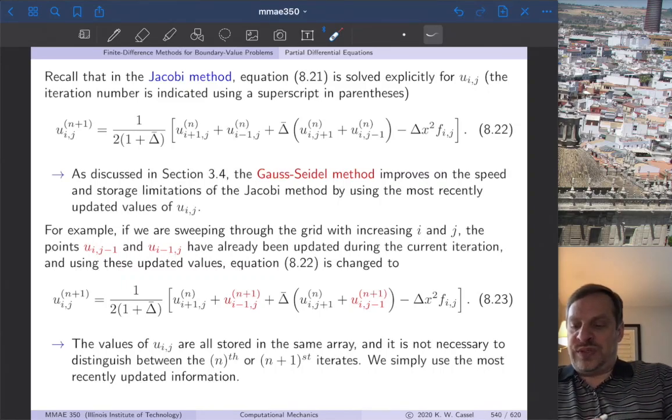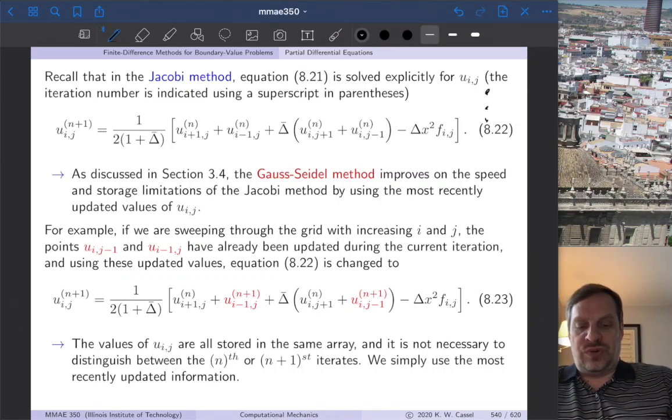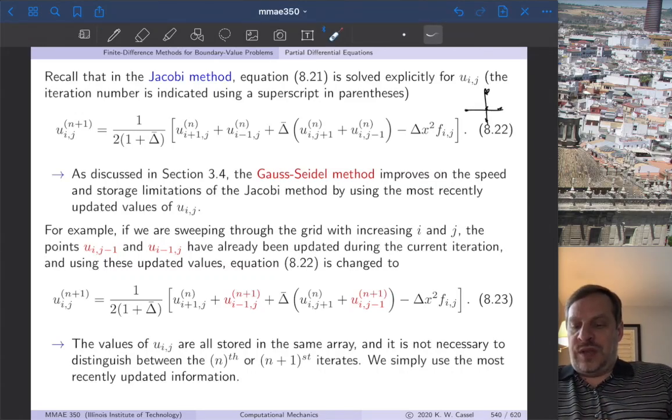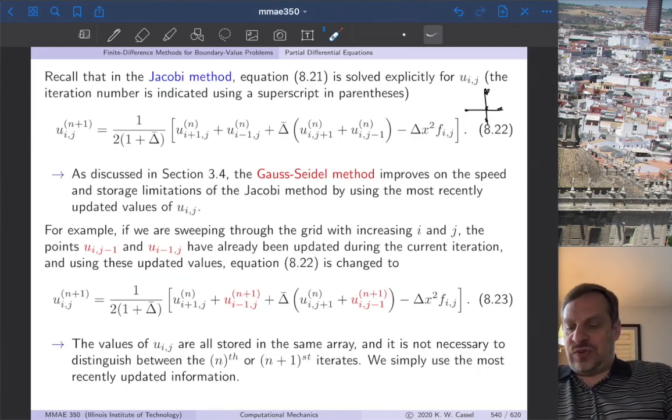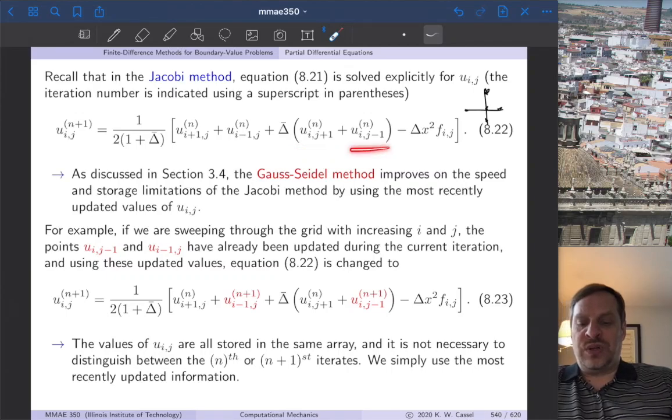So our 5-point stencil, 1, 2, 3, 4, 5, like this. The Jacobi method, we solve for the ij point at the center in terms of the 4 points surrounding it. So on the right hand side we have the ui plus 1j, ui minus 1j, uij plus 1, uij minus 1, and of course the fij.